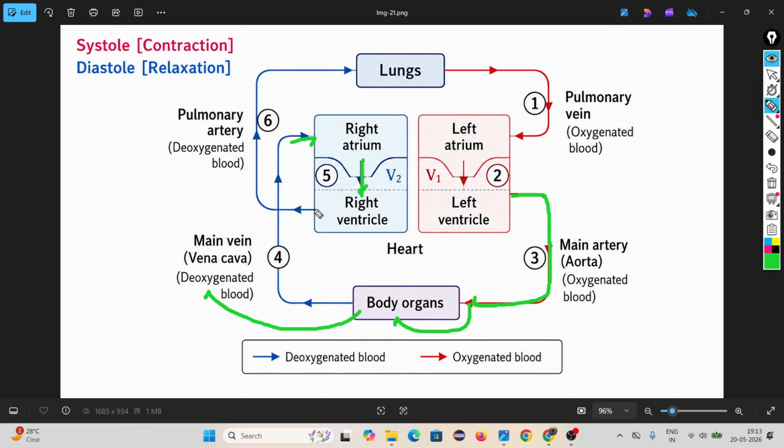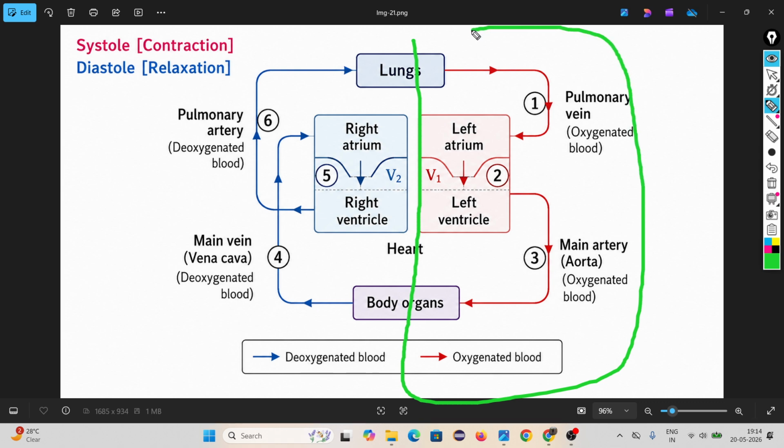From the right ventricle, by the help of the pulmonary artery, it returns back to the lungs.